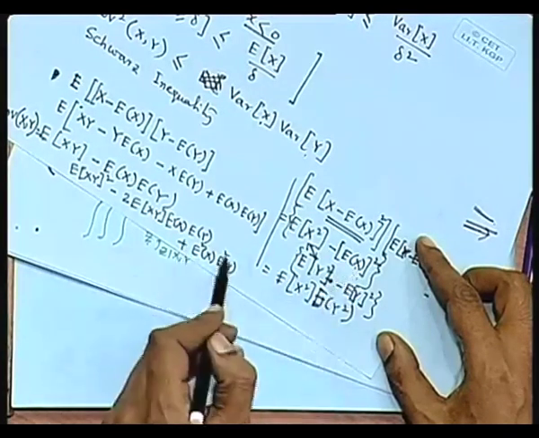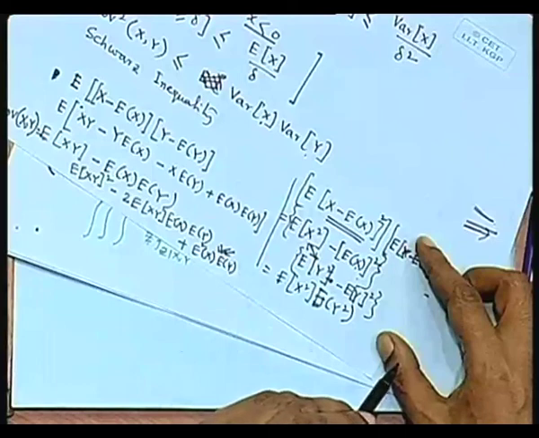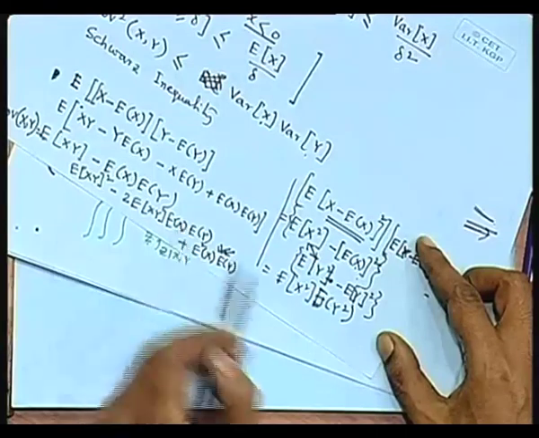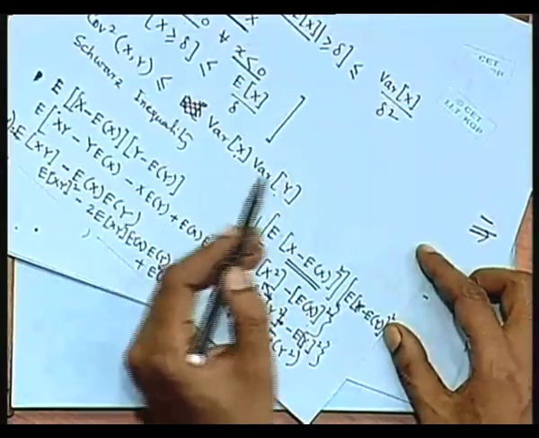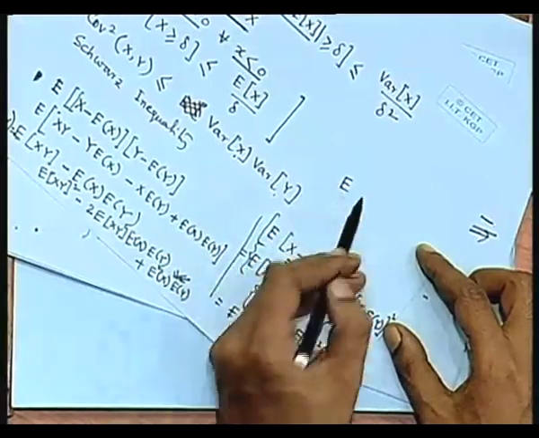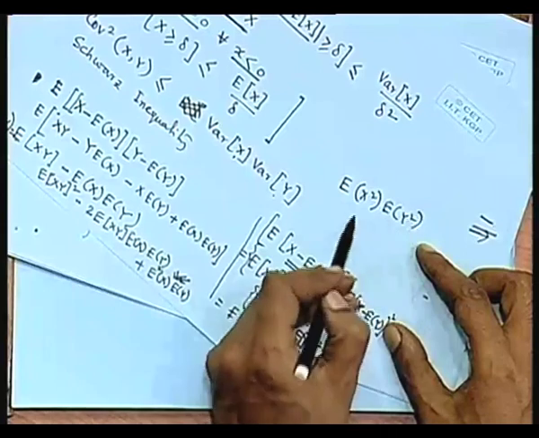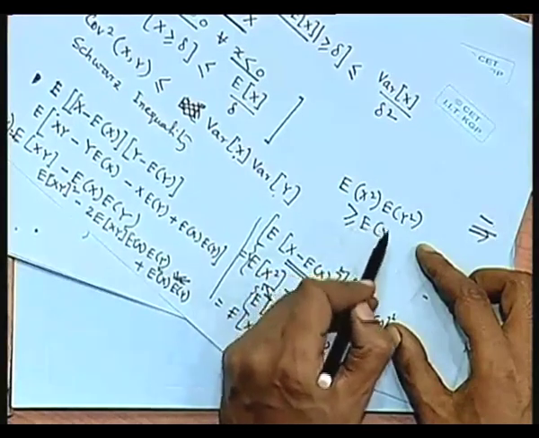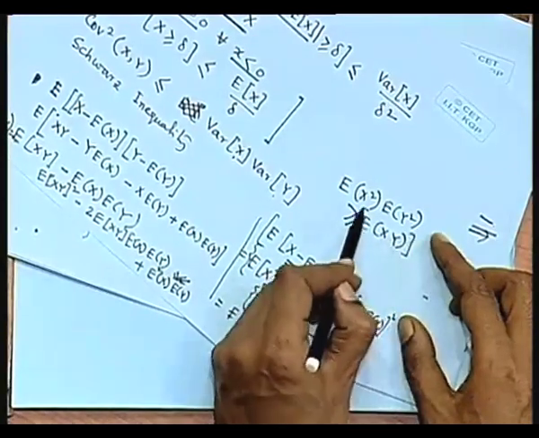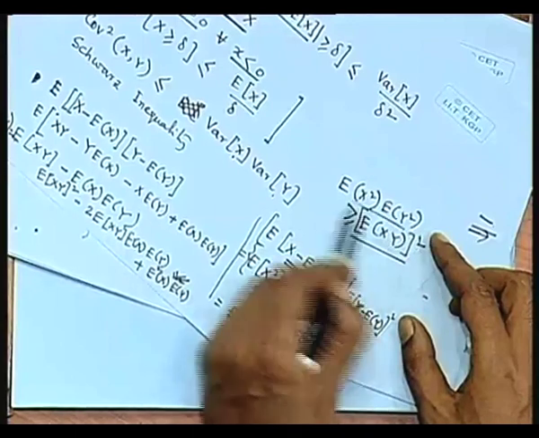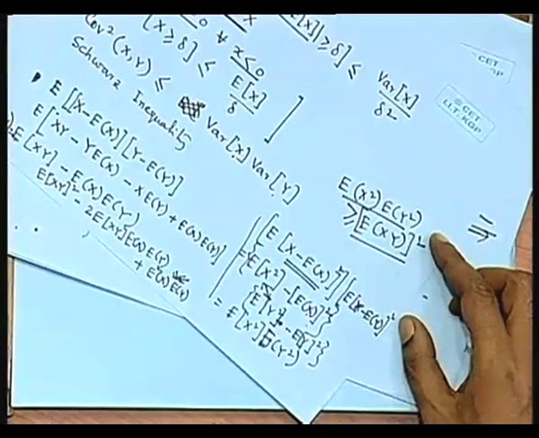So this term will get cancelled with this term, and always note that expectation of x square into expectation of y square is greater than or equal to expectation of xy whole square. This is obvious. Okay.